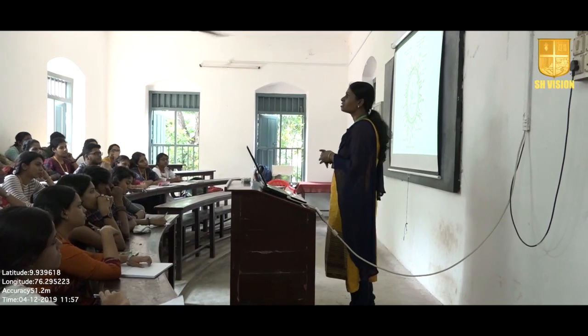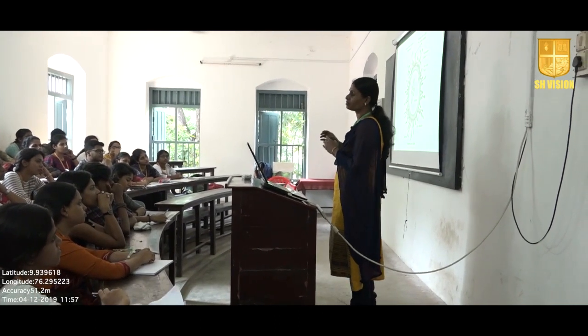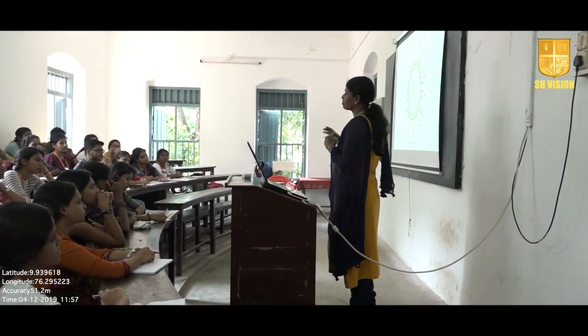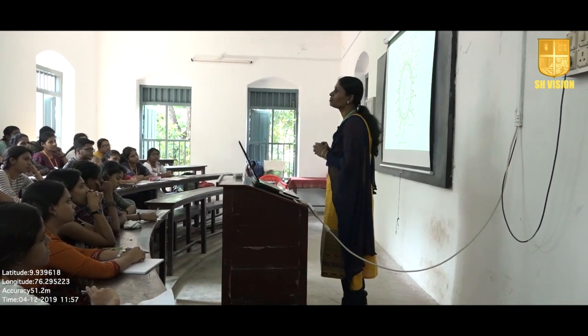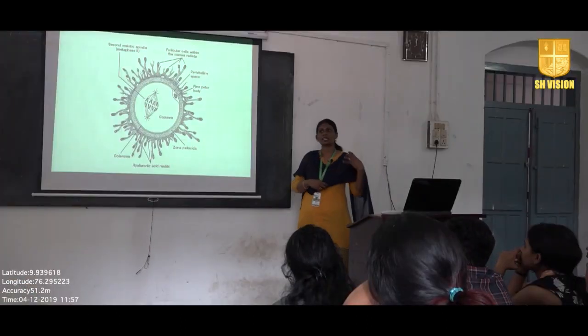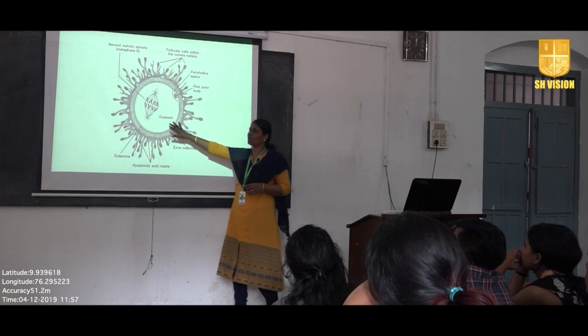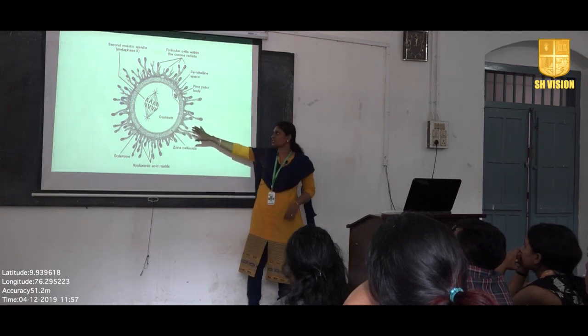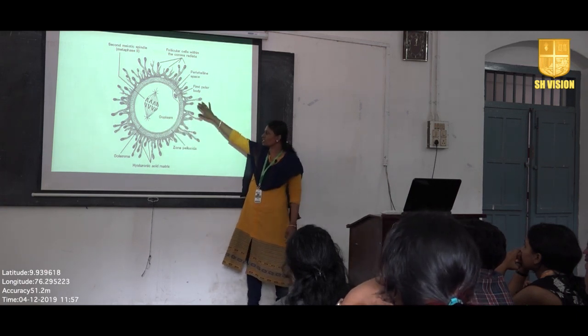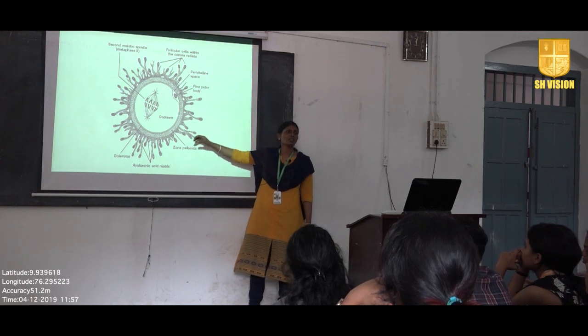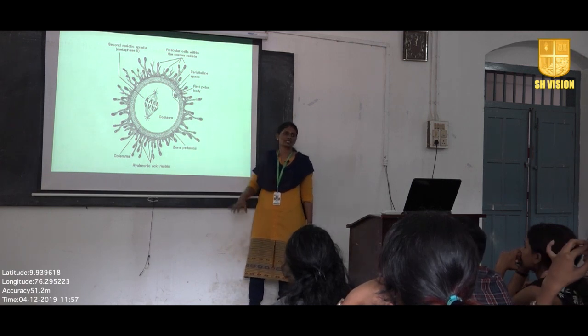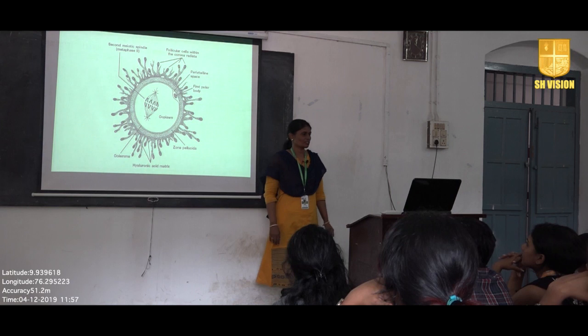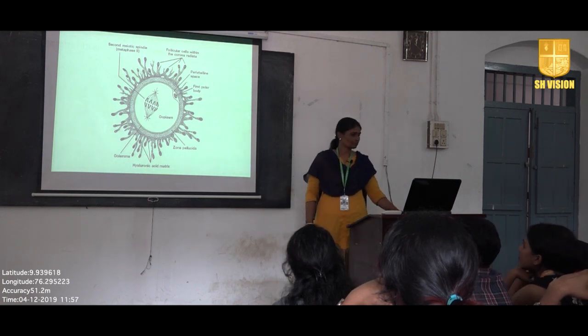So it's just a single sperm that fuses, or undergoes fertilization, and that results in what is known as the zygote. So the zona pellucida as well as the corona radiata are protective coverings of the ovum.